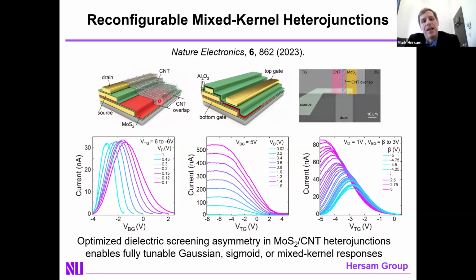And as a result, if you now specifically engineer for that asymmetry, which you can do by changing the carbon nanotube concentration and/or the degree of overlap between the P and N sides of your heterojunction, that allows you now to not only get the tunable Gaussian response I already showed you, but also for the exact same device, under different biasing conditions, you can get a tunable sigmoidal characteristic or a linear combination of the two, which is referred to as a mixed kernel response. And this is of interest for machine learning because mixed kernels are the basis of efficient pattern recognition using support vector machines.